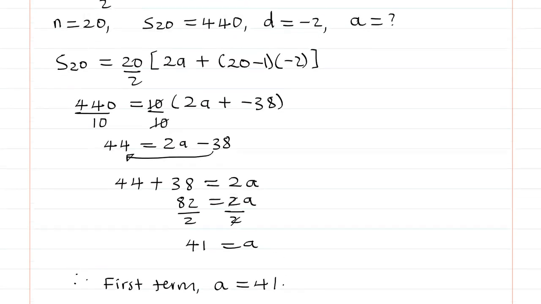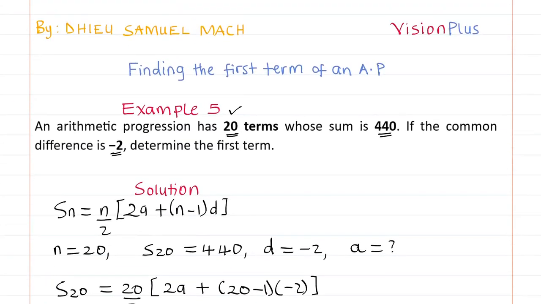So 41 is the first term of an AP with 20 terms whose sum is 440 and a common difference of -2. So this is the last example when we are looking at how we can find the first term of an AP when we are given the sum of a given number of terms in the question.